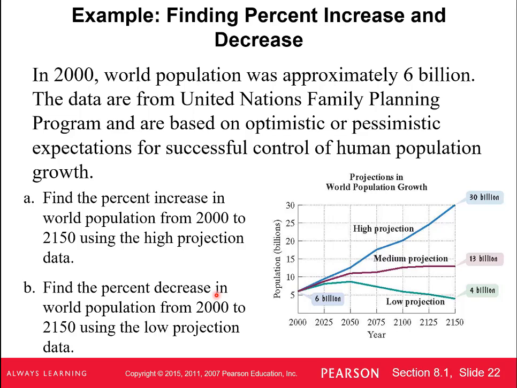Our second part of the question was to find the percent decrease in world population from 2000 to 2150 using the low projection data. And again, we have the numbers here. It's 6 billion in 2000, and 4 billion in 2150 using this low projection model.